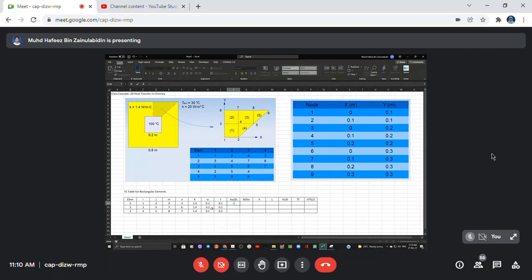Okay, K times W divided by 6 by L, which is I 29.